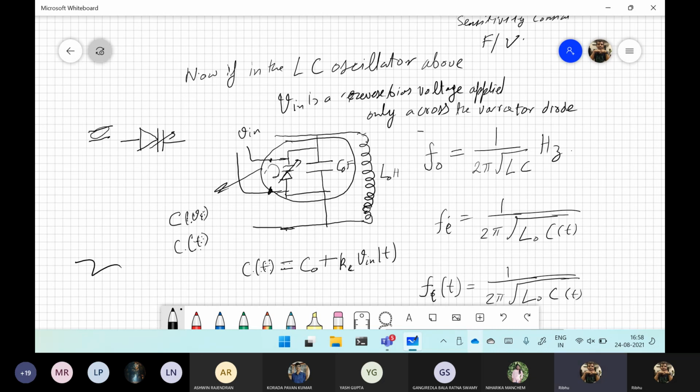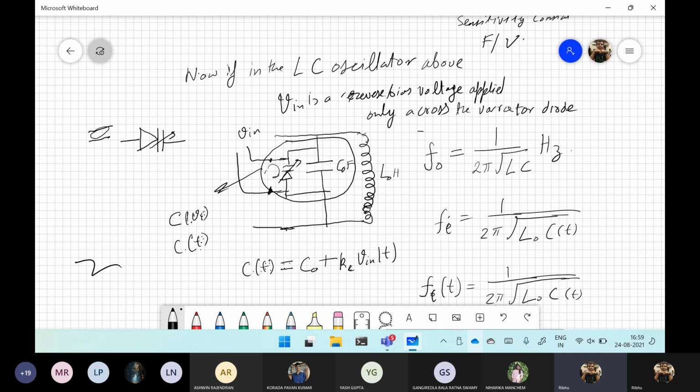Have you come across it in the instrumentation lab or analog circuits lab? Okay, labs are slightly weak in the online mode. But the point is voltage controlled oscillators are possible, and I'll have to read more. I don't know how and where to look, but I'll try my best.